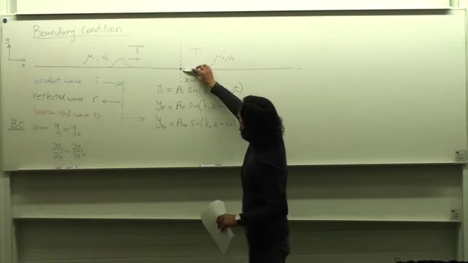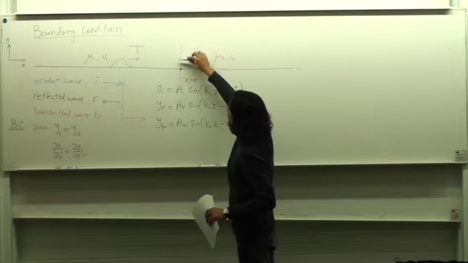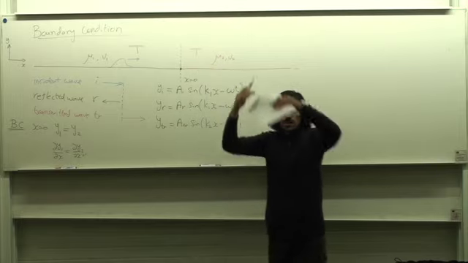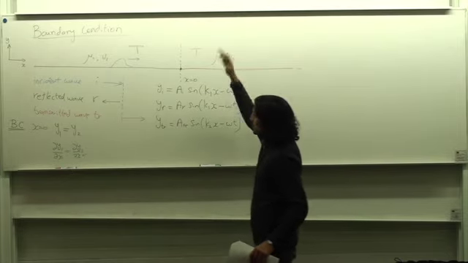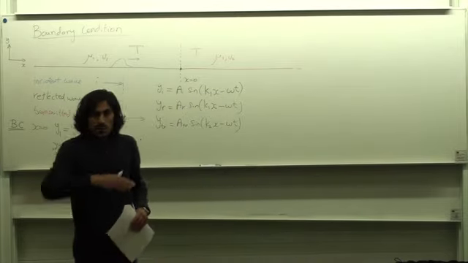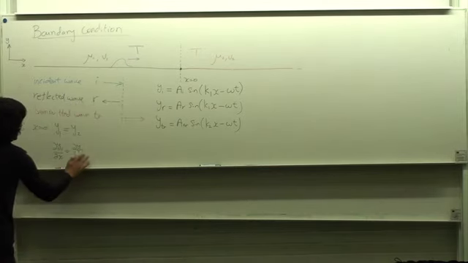Wherever the position on the right, at that point on the left, they should be at the same position, so y1 equals y2, and also the velocity in that direction has to be equal. So these are the boundary conditions.